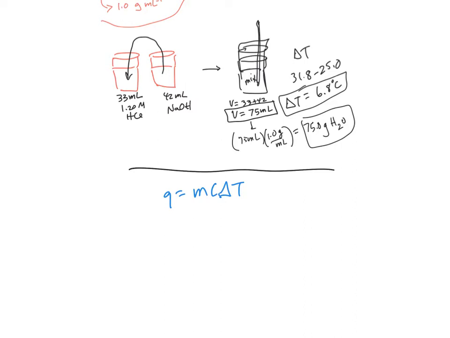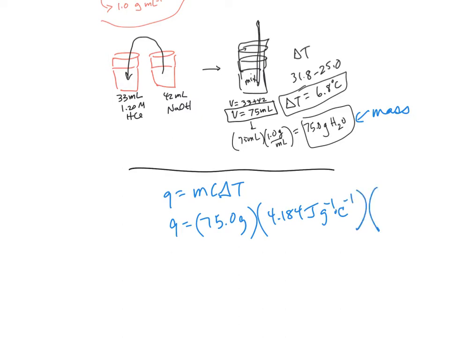We're not looking at the moles that heat up. We're looking at the solution that heats up. So one of the key problems is the mass. When you look at this equation, M, what is mass? This is the mass right here. It's the mass of the solution. So 75 grams. I'm going to use the specific heat capacity, 4.184 joules per gram per degree C.